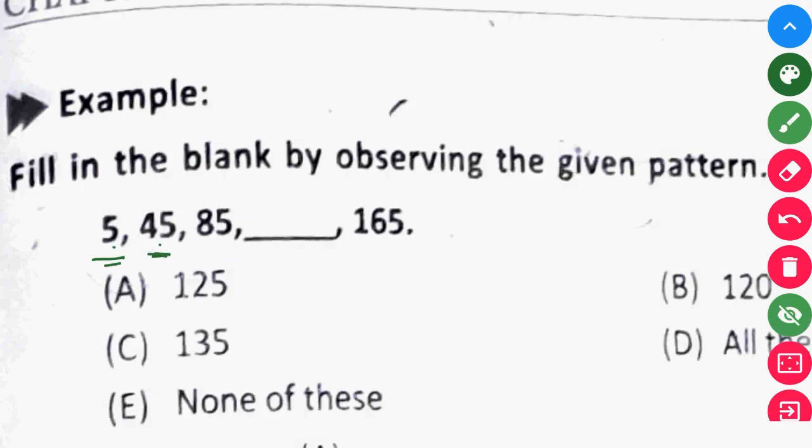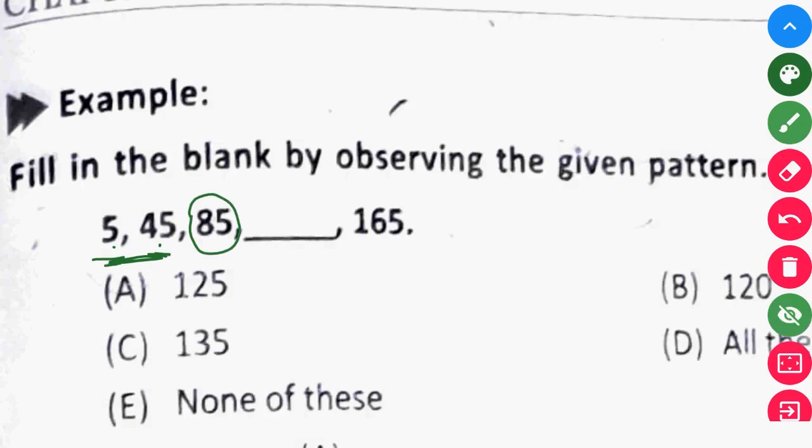So 5 nines are 45, if we say the table, but we don't know the exact status of 85. So we'll think of another way, because such a huge difference will not be there for small kids.